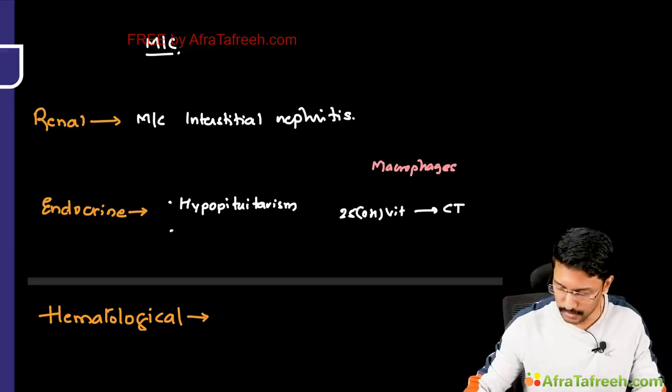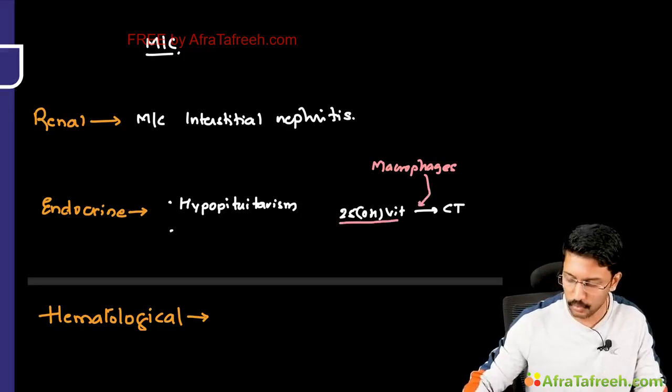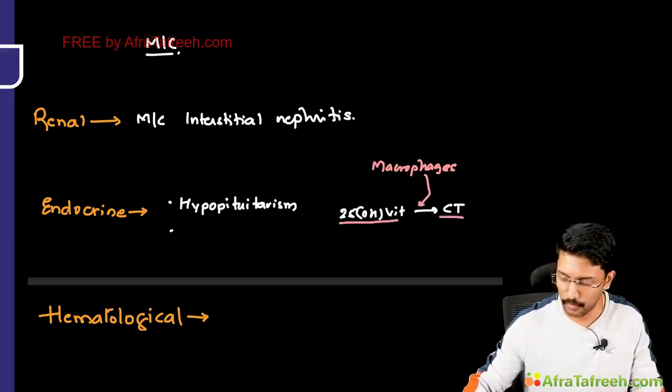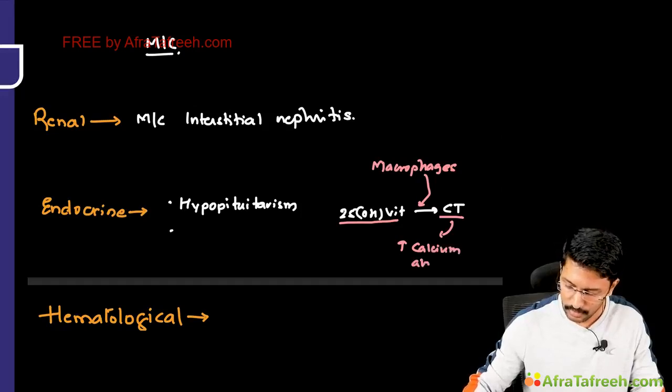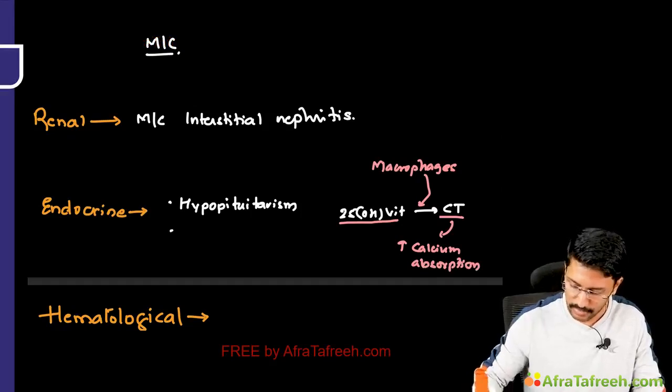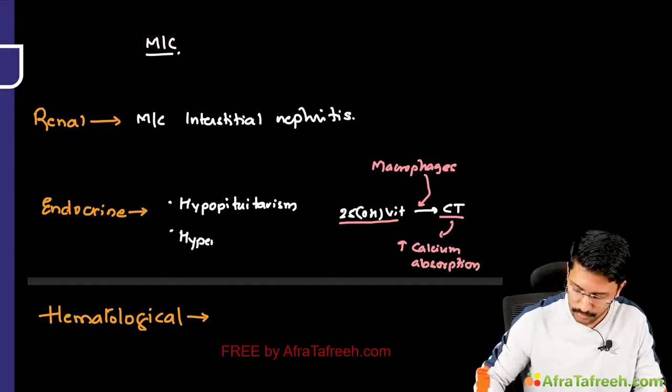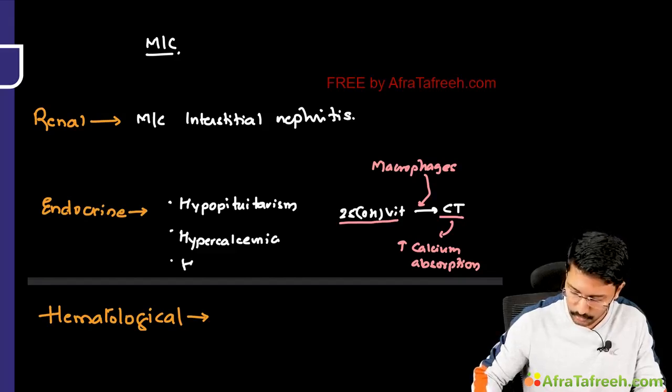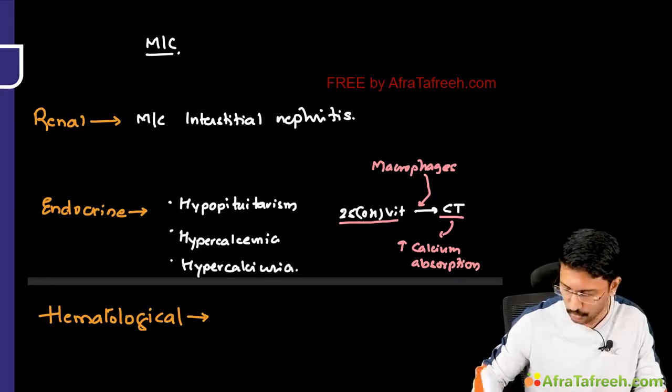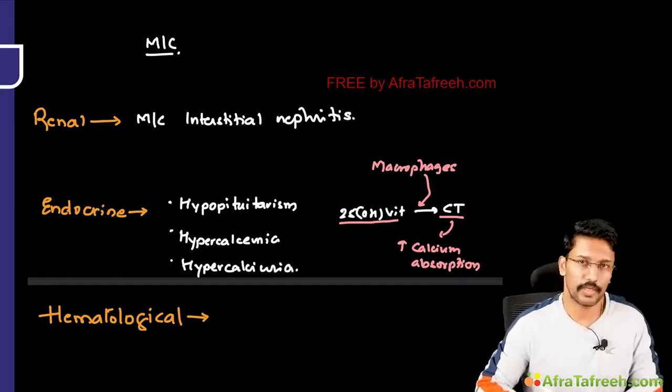Those macrophages can accelerate the conversion of 25-hydroxyvitamin D to calcitriol, and this calcitriol will obviously increase calcium absorption in the gut, and that can lead to hypercalcemia and hypercalciuria, right? So the patient can have hypercalcemia, and once your blood calcium is high, that can result in hypercalciuria. So these are important endocrine manifestations.